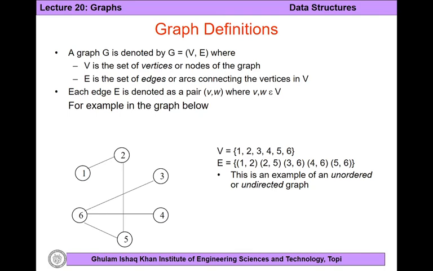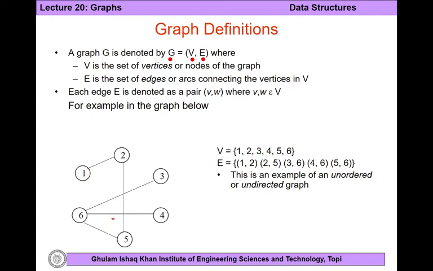Now theoretically this graph is denoted as G, which comprises two sets: the set of vertices and the set of edges. The set of vertices is represented as 1, 2, 3, 4, 5 up to 6.